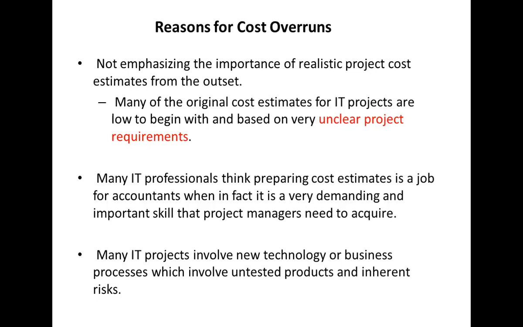Because of the involvement of this new technology, which would involve untested products, and it would have inherent risks which would take more time and cost than expected, okay? So these are some reasons for cost overruns. You can think of other reasons as well.